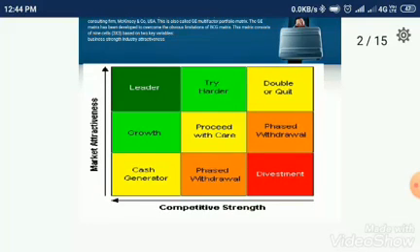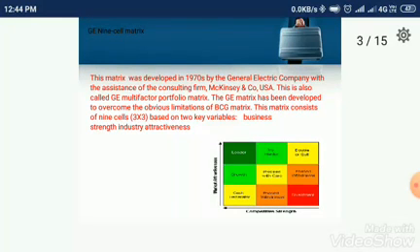As you can see, there are an x-axis and a y-axis. One is for market attractiveness, the second is competitive strength. So nine cells were designed here, some in green, yellow, and red. This matrix was developed in 1970 by GE, and consists of 9 cells based on 3x3.